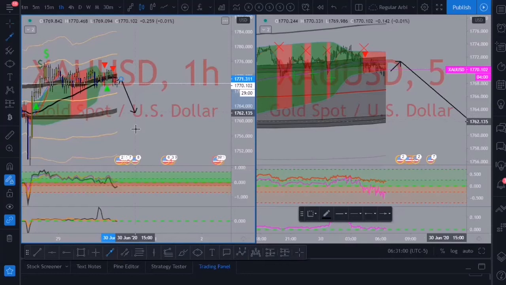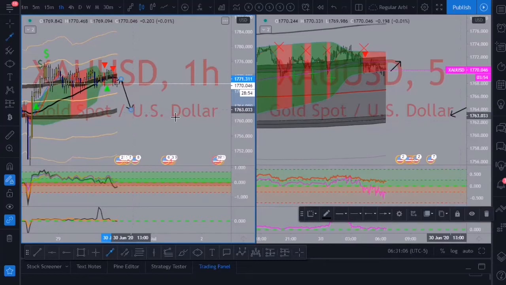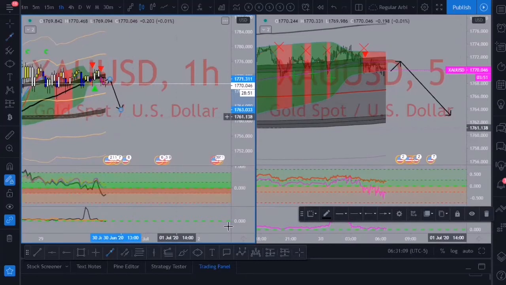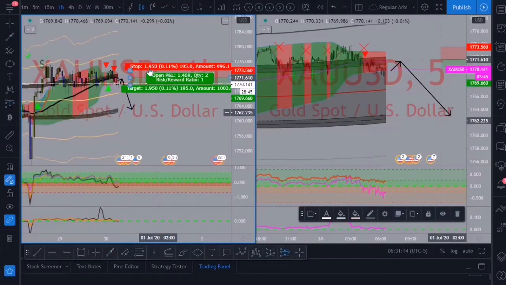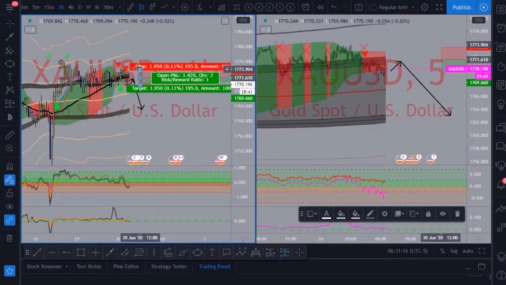Again, I had mentioned last week that I think 1750 might be a good area, but for what we're here for, the intraday trade, this looks preferable. And then you have your stop loss.